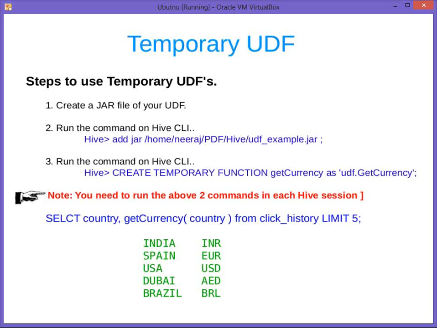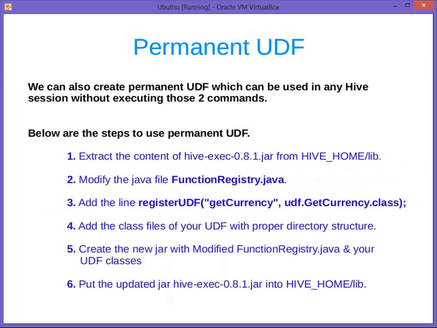You will be able to use your defined function just like you are using any inbuilt functions of Hive. So the next we have is permanent UDF. So just like we had written a code for our UDF, we need to do that. We need to follow these steps to use those UDF just like we are using any inbuilt UDF in Hive.